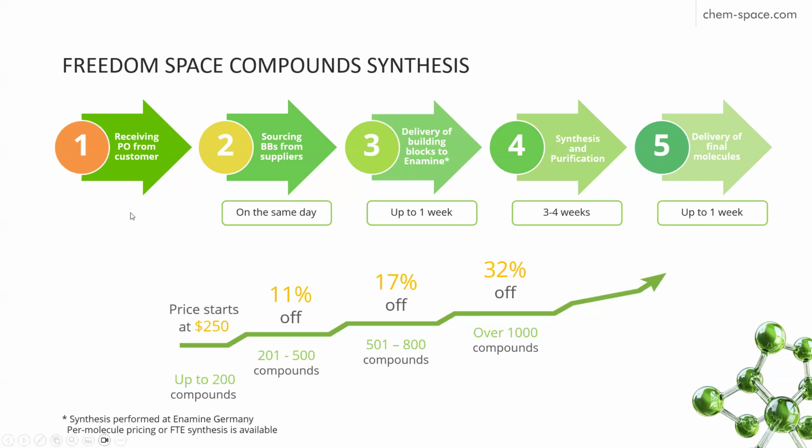Once we get the list of molecules from the customers, we map these molecules back to the starting building blocks, and we source these building blocks from the vendors. We deliver them to our partners at Enamine Germany, and they proceed with the synthesis and purification. Once it's done, the compounds will be shipped to you to proceed with biological assessment.